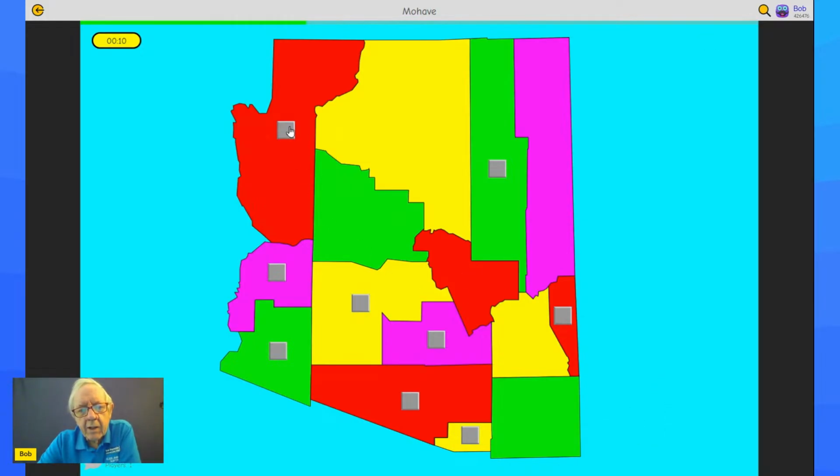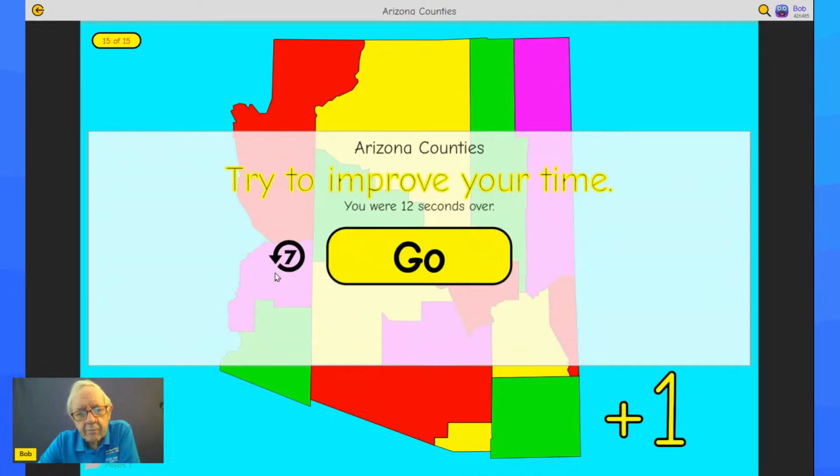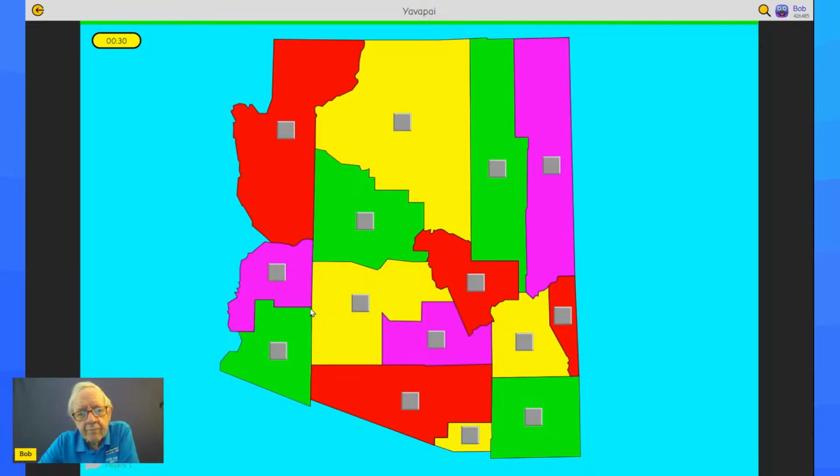Mojave, Maricopa, Yuma is this one, okay. Pinal, this Pinal, Greenlee, Santa Cruz, Navajo, Pima, and La Paz. 12 seconds over. Okay, let's go through that faster.